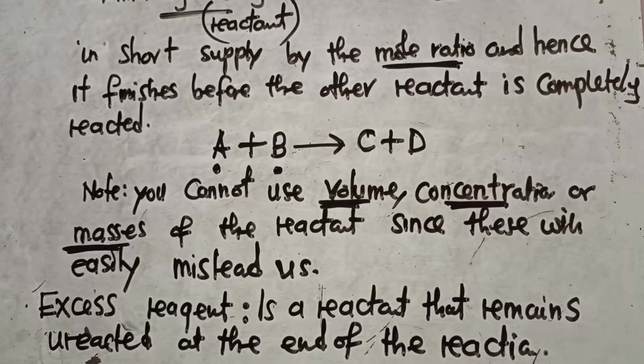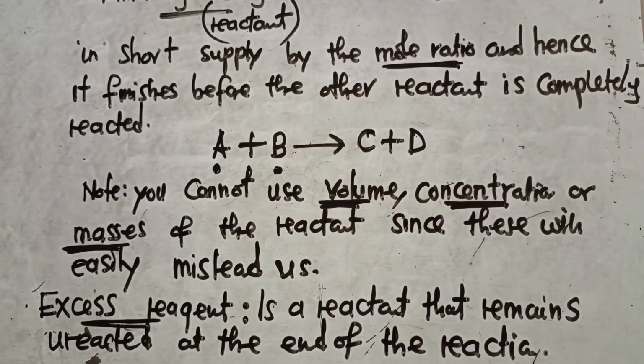The reaction will end, meaning that there are other things that are going to remain. Those things that remain unreacted, while this other one is completely used up, we call the excess reagent.